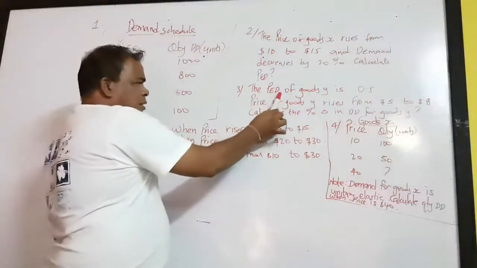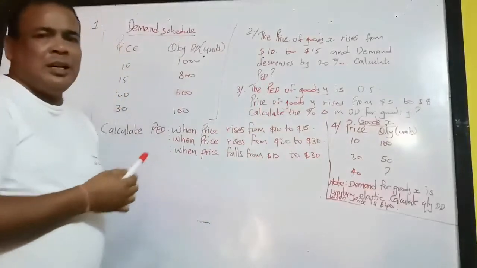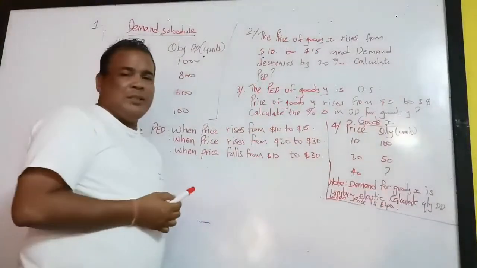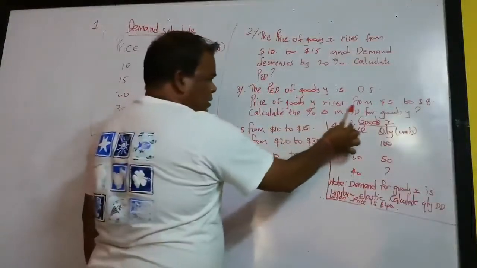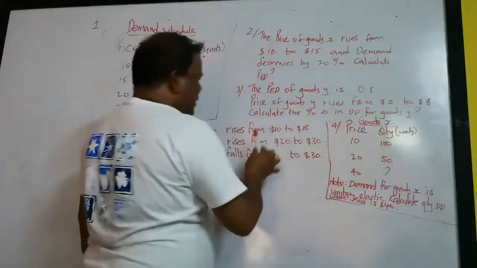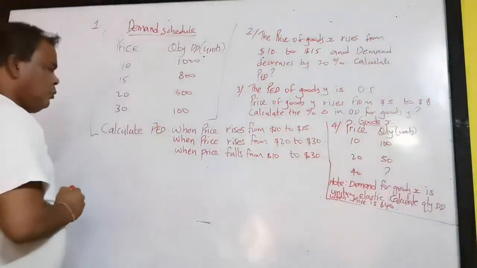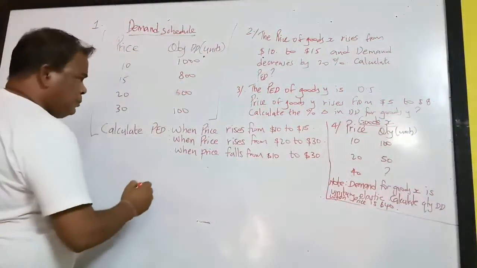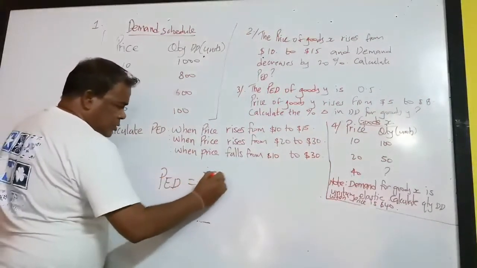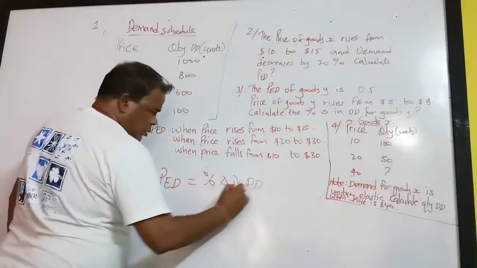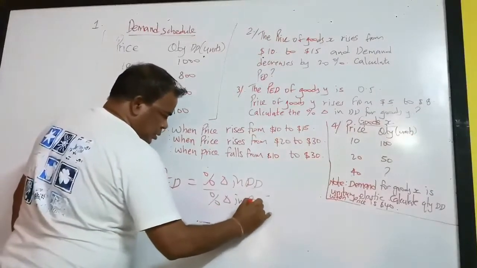The price elasticity of demand of Y is 0.5. Here, the answer has already been given to you, the price elasticity of demand. Price of good Y rises from 5 to 8. Calculate the percentage change in demand for good Y. We replace in the formula. PED is equal to percentage change in demand over percentage change in price.